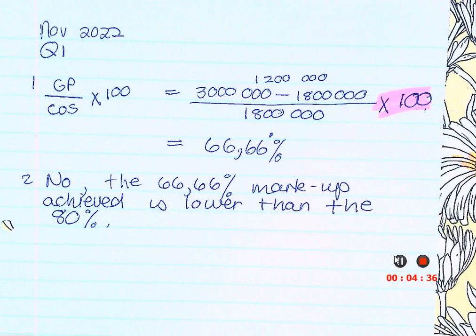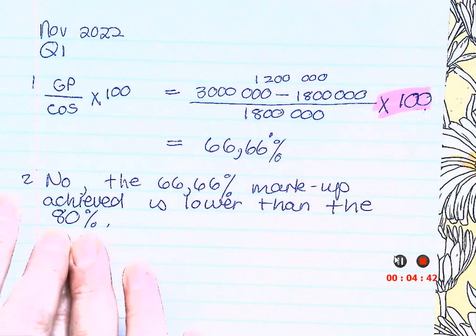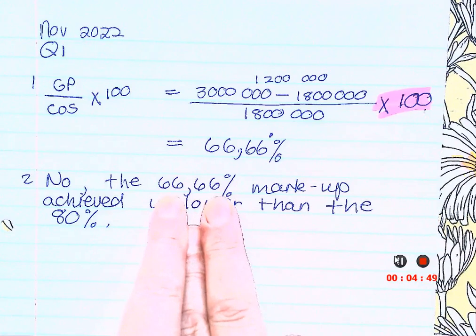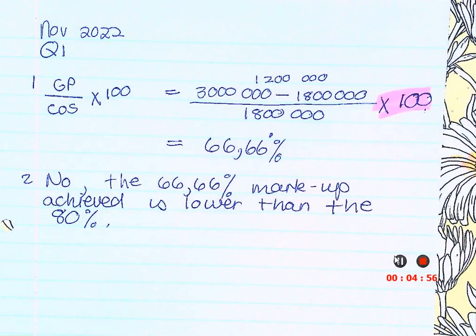Now, let's quickly go through it again. This is the official markup of the business. This is what they really got on average. And what did we say again? Why would the real one be lower than the actual one? Discounts. It's always about discounts. And what kind of discounts do we get? You get trade discount.